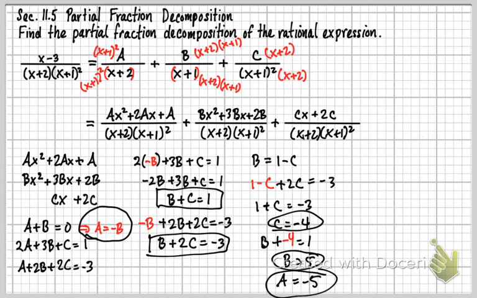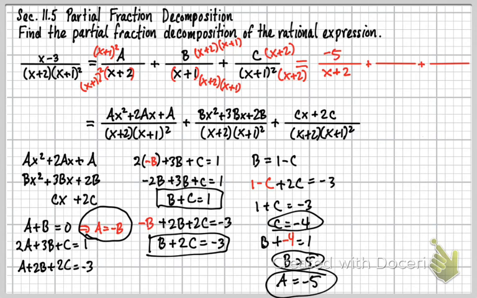So now that we have all three of them here, all we have to do is set them up in our equation. And I'm just going to do that right up on the very top here. And I'll do it in a red for our answer here. So this is going to equal my x plus 2. And then my a turned out to be negative 5.